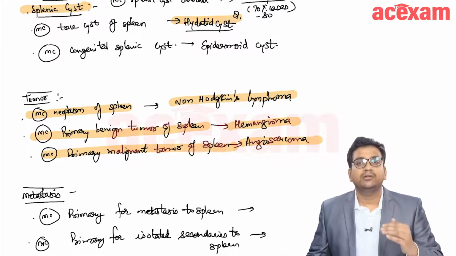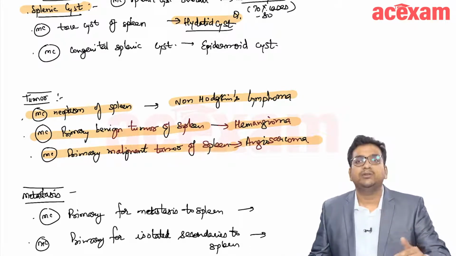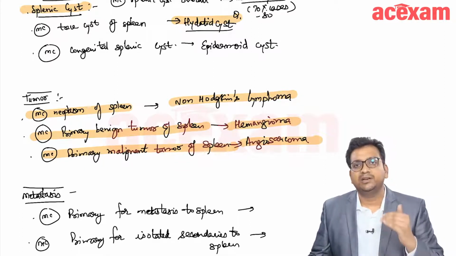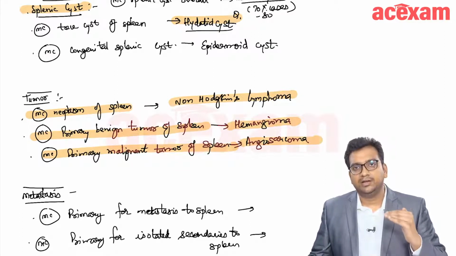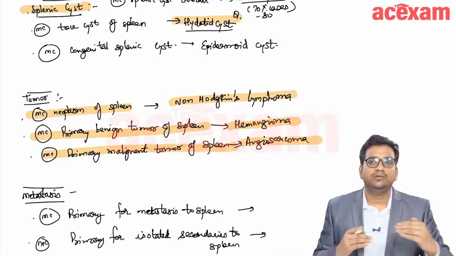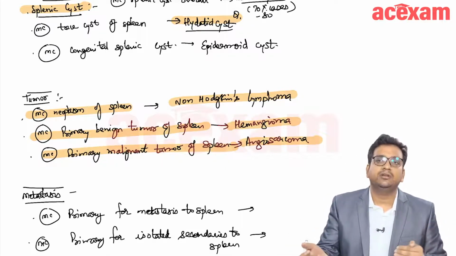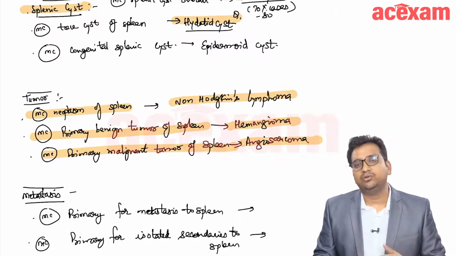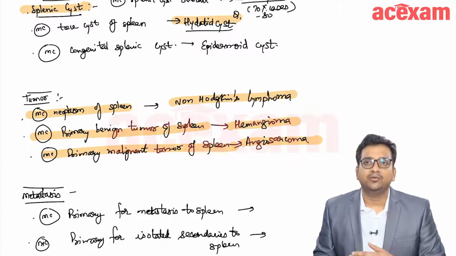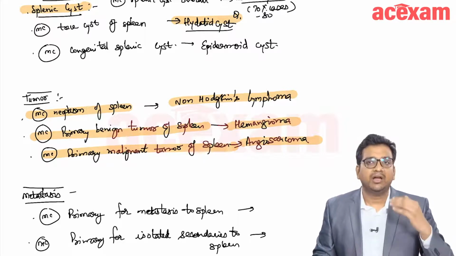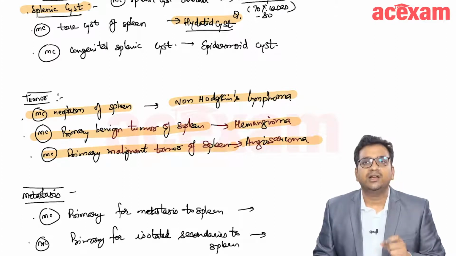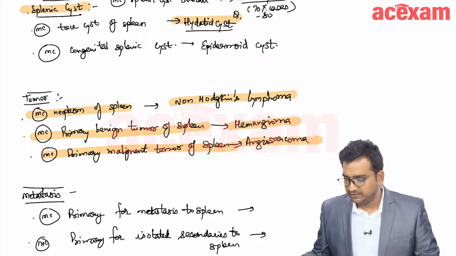Now, there are metastases to spleen also, which is actually rare, but if there are metastases to multiple places, along with these multiple places, spleen is also involved. In that case, the most common tumor metastasizing to spleen is malignant melanoma. And if we are talking about isolated splenic secondaries, then the most common tumor is carcinoma ovary. This is very important.